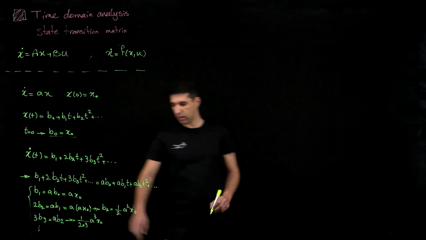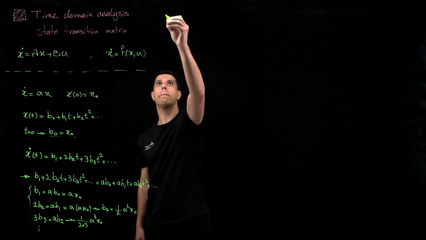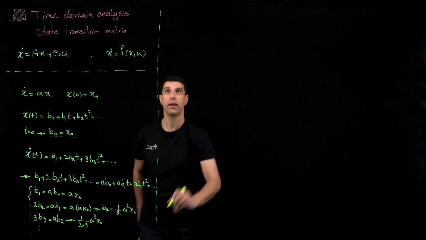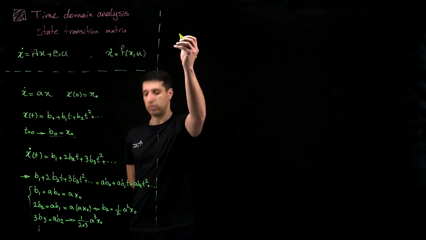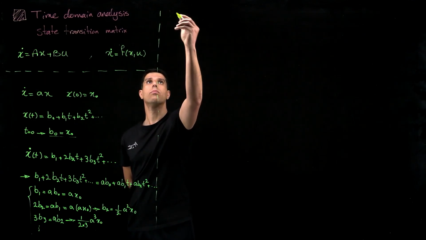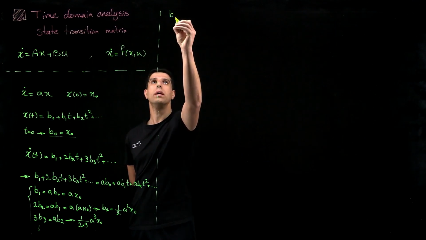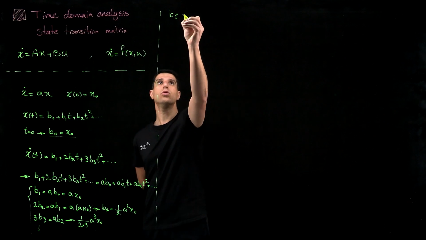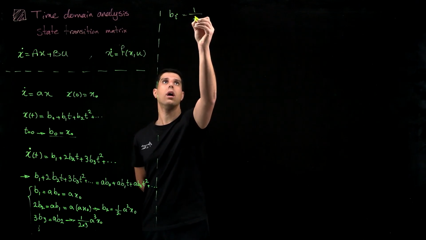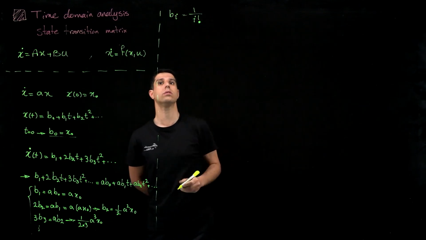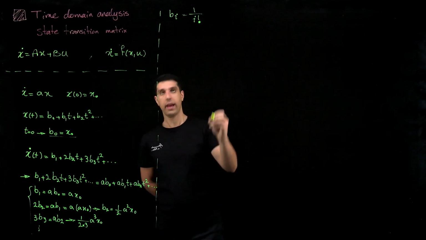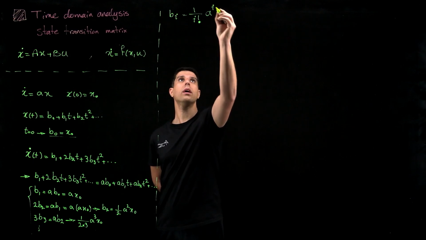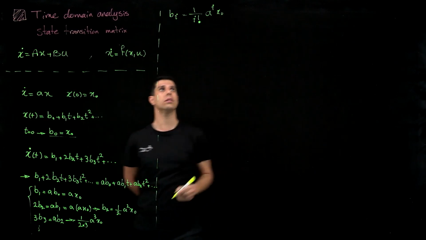So now you will start to see a pattern. That my bi, the ith value, is going to be 1 over i factorial a to the power i x naught.